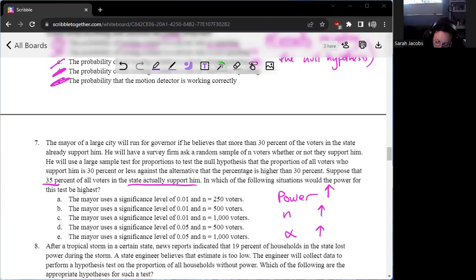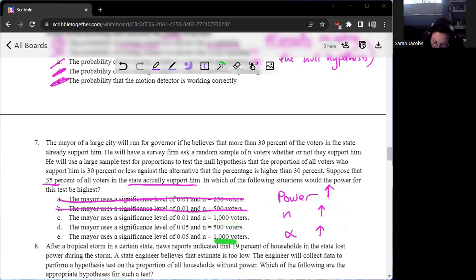So first, let's look at sample sizes. The other variable is significance level. I'm going to ignore that for a second and just look at the Ns. So 500 voters is definitely going to have more power than 250. 1,000 voters is going to have more power than 500.